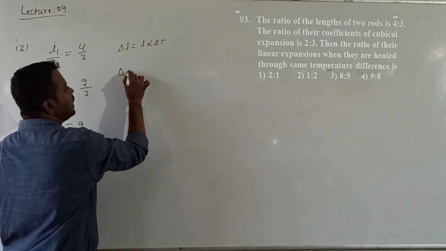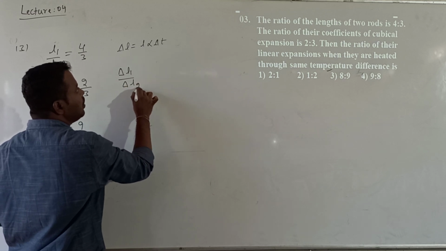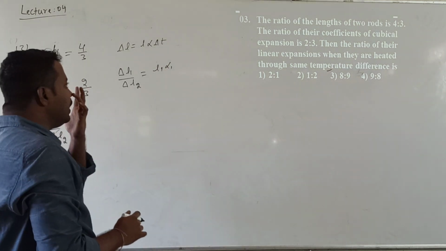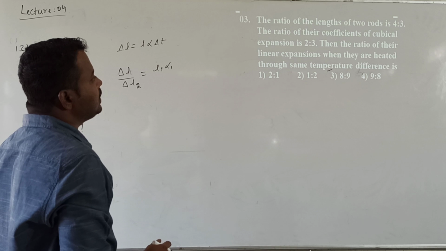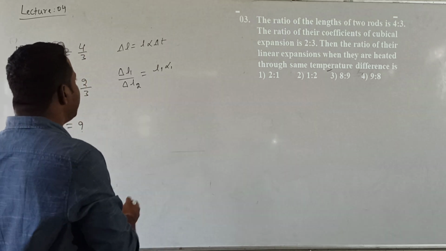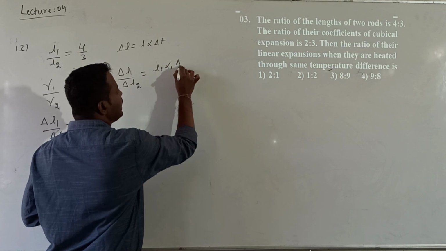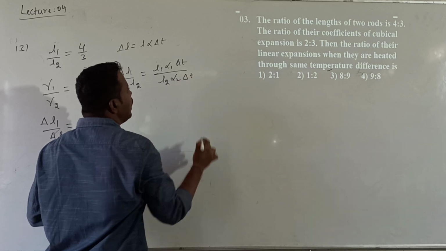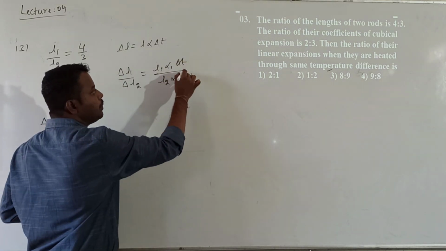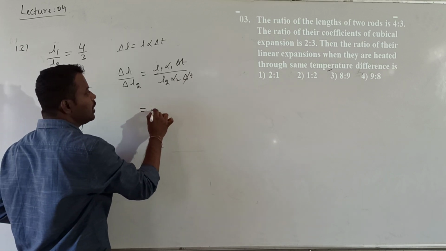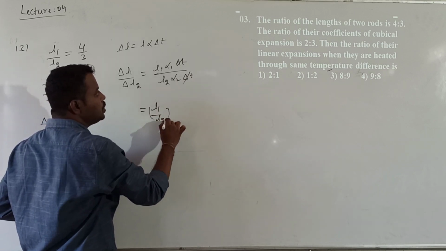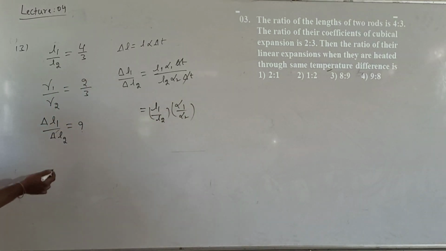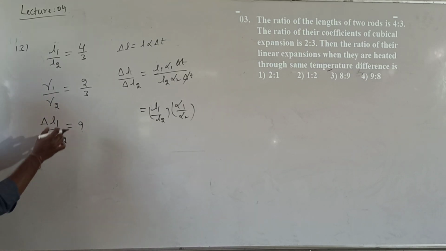So delta L1 by delta L2 is equal to L1 alpha 1 delta T divided by L2 alpha 2 delta T. Delta T cancels because the rise in temperature is the same. Therefore the answer is L1 by L2 into alpha 1 by alpha 2. But alpha 1 and alpha 2 are not given. We need to calculate alpha 1 and alpha 2 by using gamma.